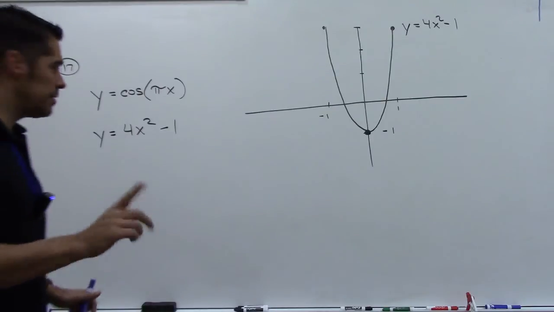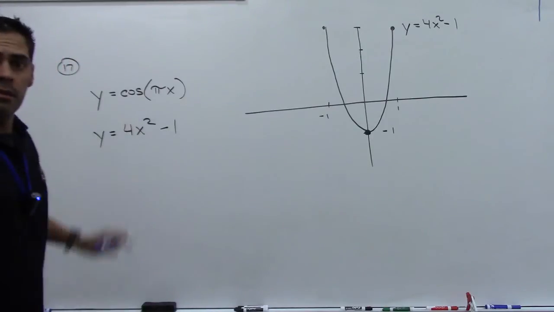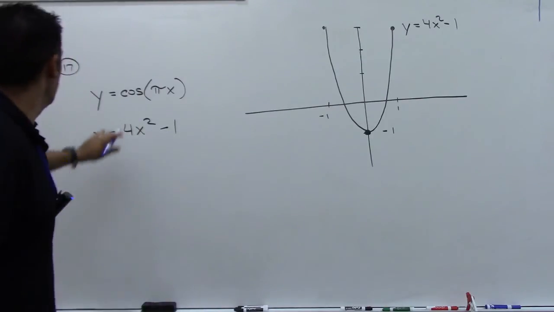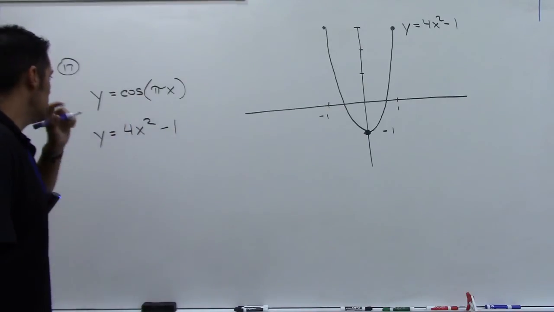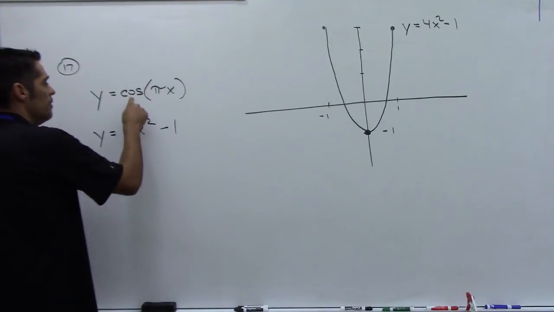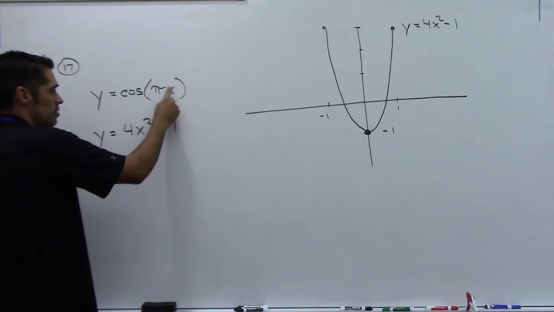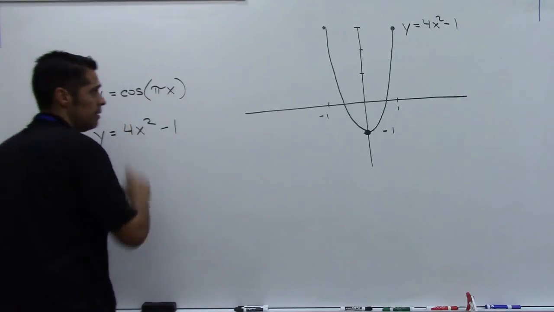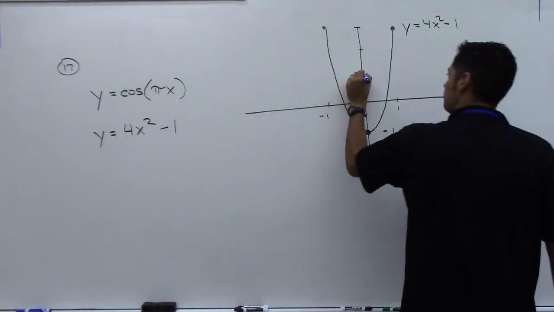Okay, so I'm going to have to stop in a second, but what's my time? Oh, good, it might work out. So cosine of pi x. So let me start with 0. If I plug in 0 for this, I get 0 for the whole thing. Cosine of 0 is 1, so I know that I'm here.